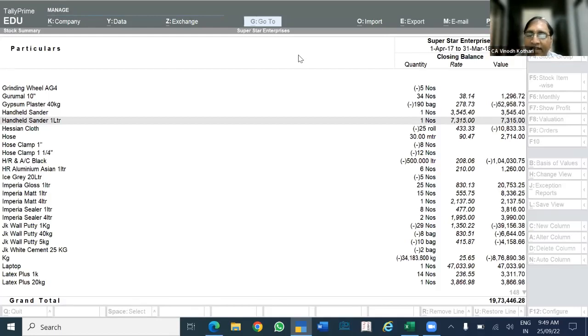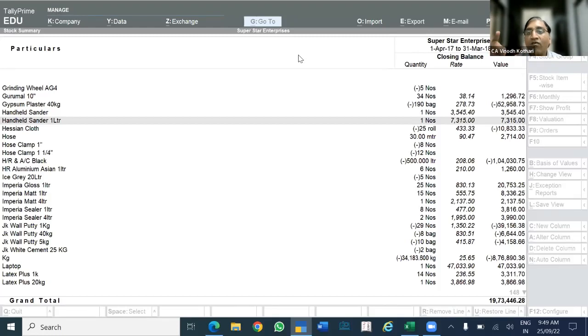In spite of that, I am finding a negative stock. What can be another mistake which I might have made while passing the purchase entry? Sales is correct. What mistake can I make so that my purchase is wrong or stock value is wrong? If I bill it in another stock item.